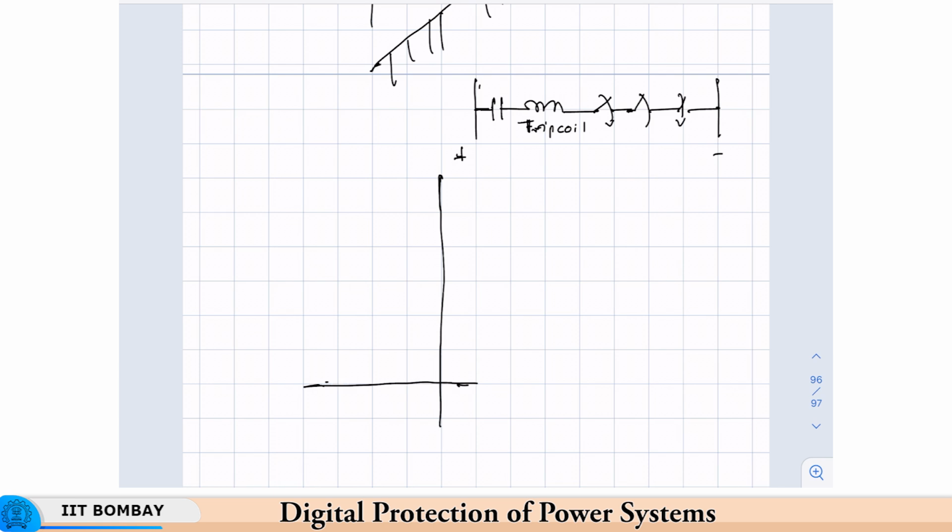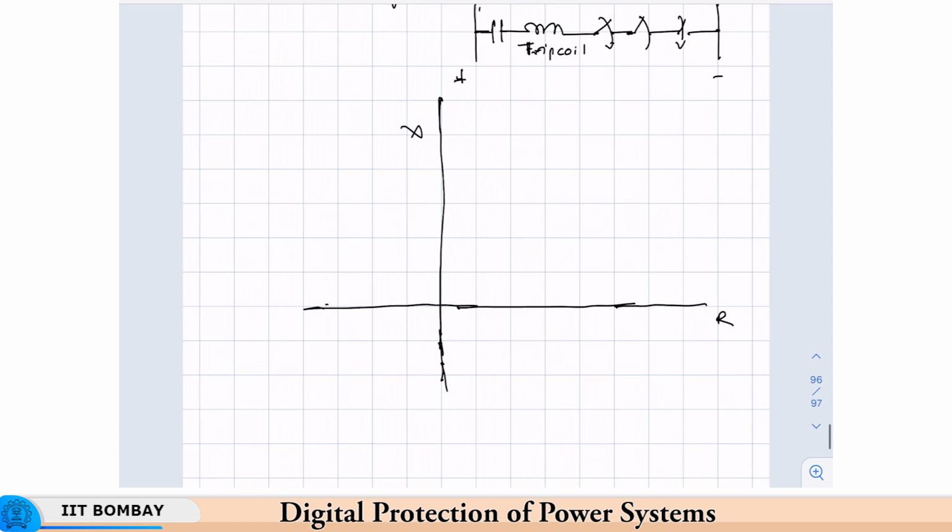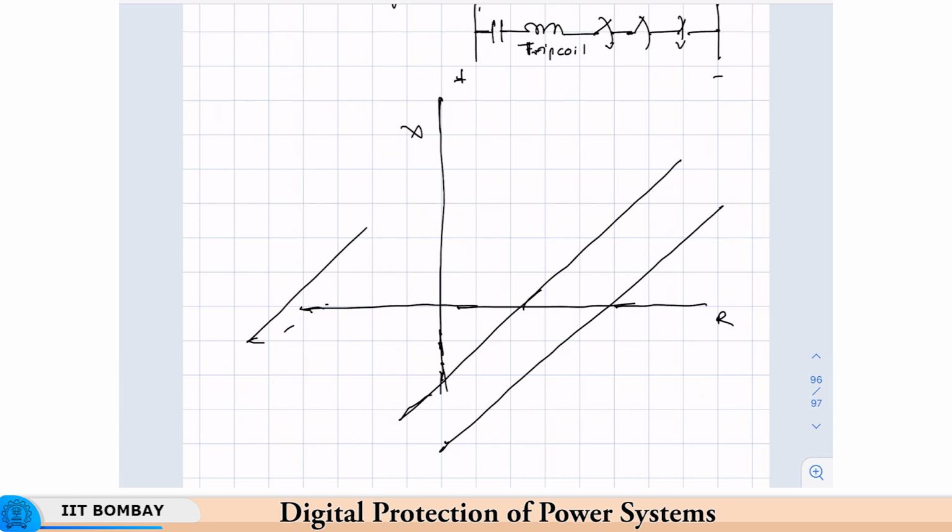What is usually done is, if this is one blinder here, I am just continuing from the previous example, not drawing everything, then you have another blinder here in parallel, and similarly on the other side you have a blinder and another blinder in parallel.